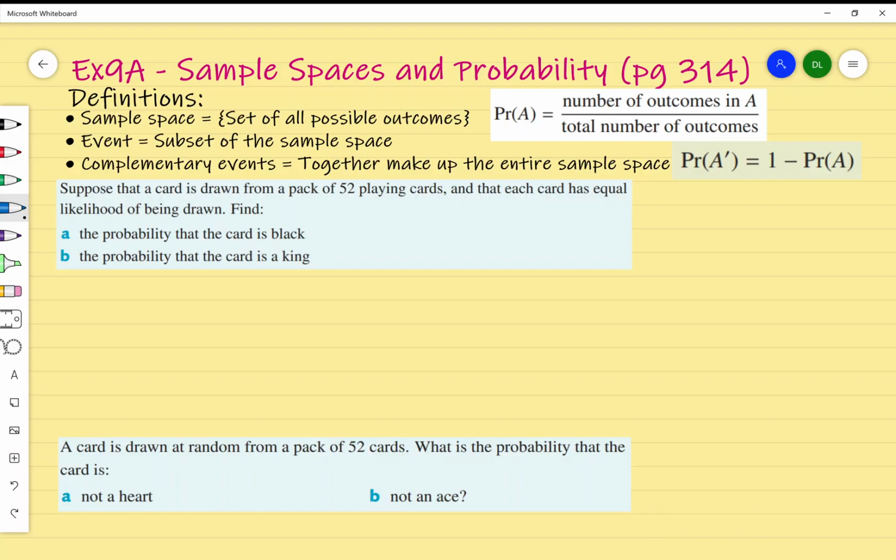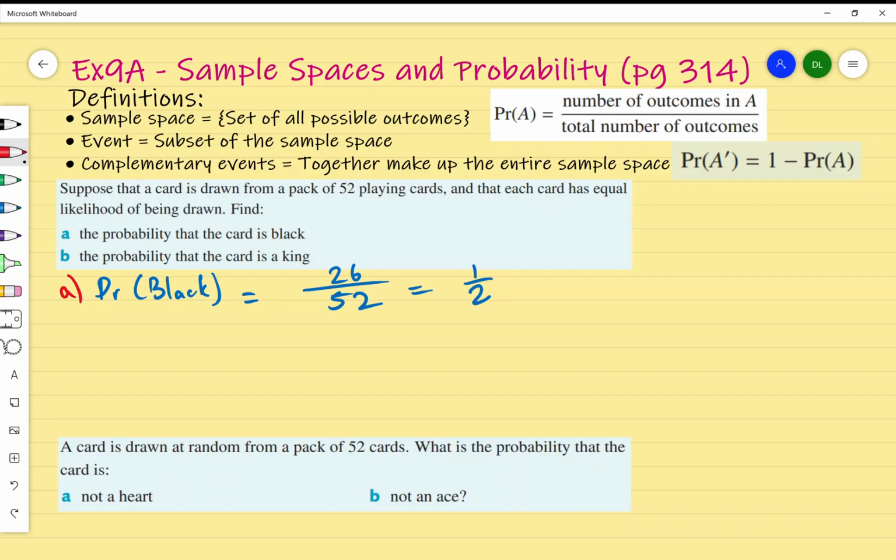We're going to use our formula, so the probability of black equals the number of outcomes in which the card is black over the total. You might know that half the cards are black, half the cards are red. Half being 26 out of a total of 52, which gives us, well, half. So the probability of getting a black card is half, and you'll notice it's going to be less than 1, because all probability together needs to add up to 1.